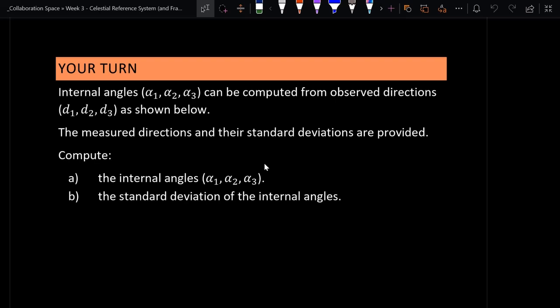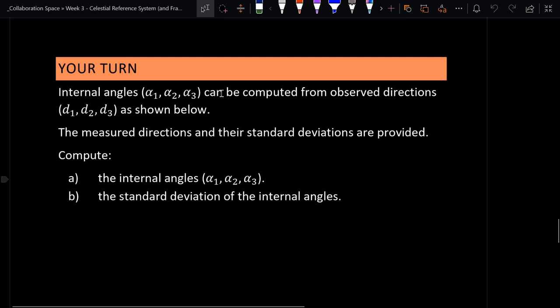Okay, so let's have a look at a worked example of how to apply propagation of variances to multiple derived quantities. In this particular example, we are going to look at deriving internal angles from total station observed directions.